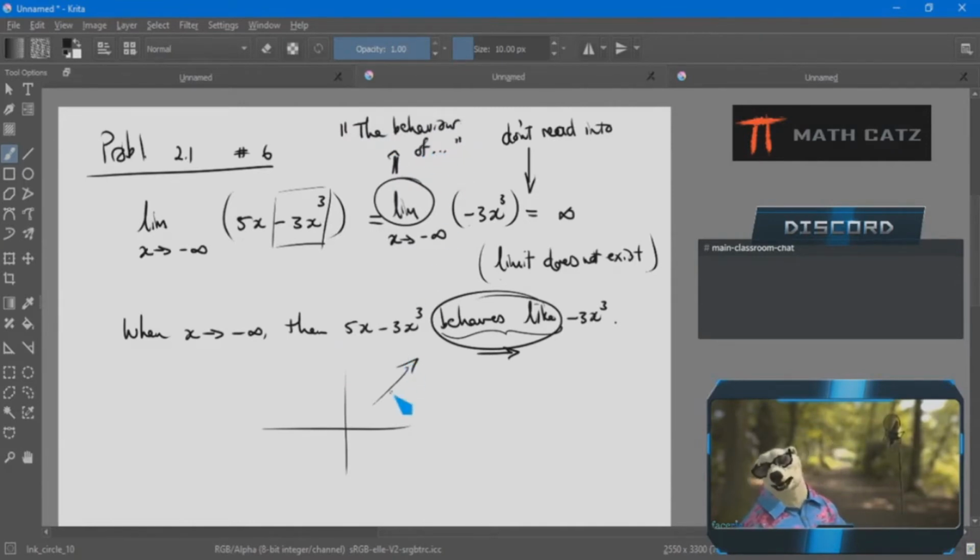So it wouldn't make sense to say the behavior of negative 3x cubed behaves like infinity. That doesn't sound right. I would say the behavior of negative 3x cubed is infinity, and therefore the equal sign is more appropriate because the behavior words are already being translated.